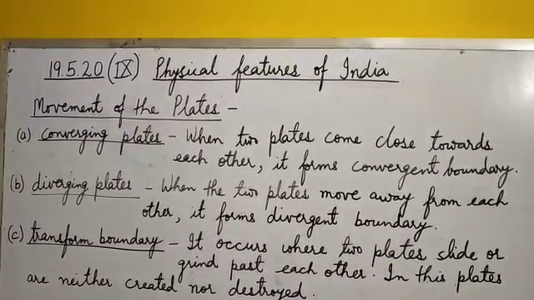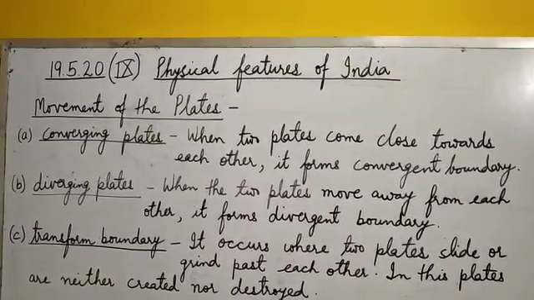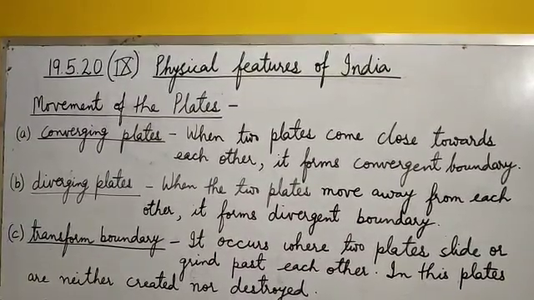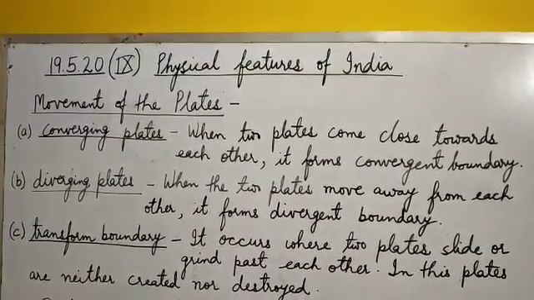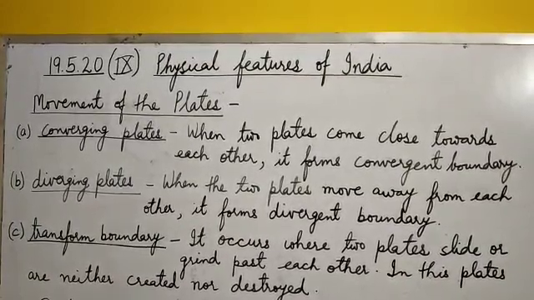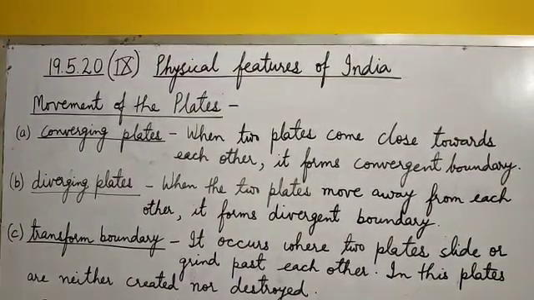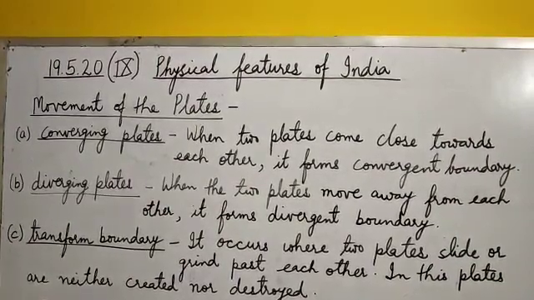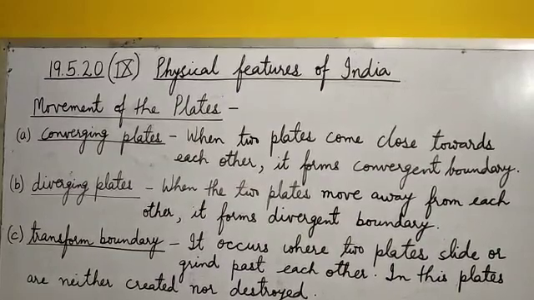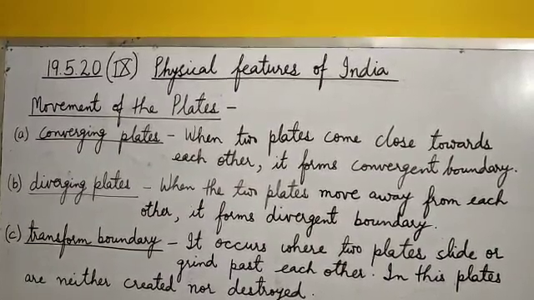The plate edges are compressed, folded and uplifted in the case of continent to continent collision, as they are mainly made up of granite. So they are both lighter, and therefore there is no subduction; the edges are compressed, folded and uplifted.